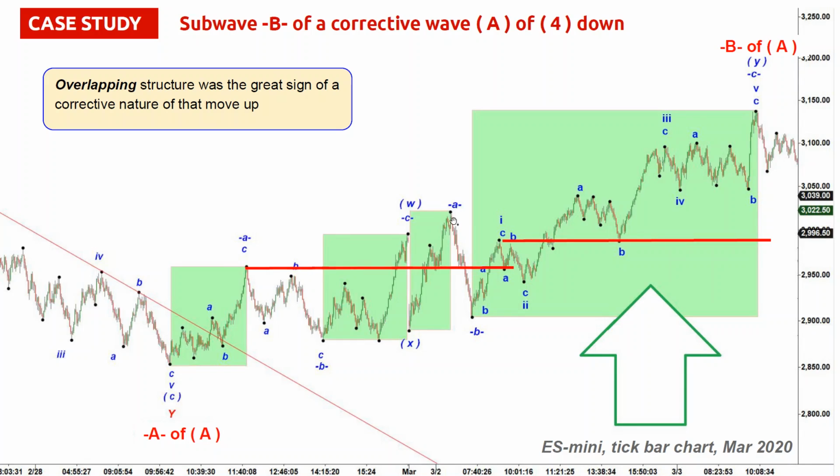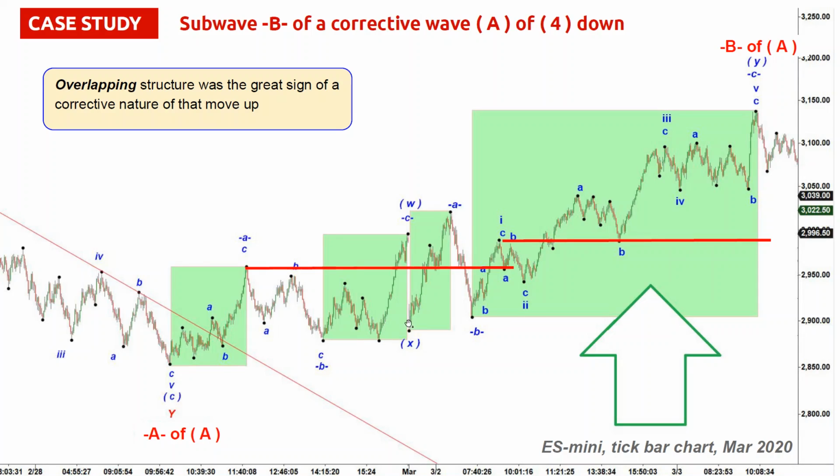That was the sign that we do not have an impulsive structure, because if it was wave 1 up, and if that was the demand zone in an impulsive structure, price should not get into that zone twice. And this is what happened, and this is what we can call overlapping.